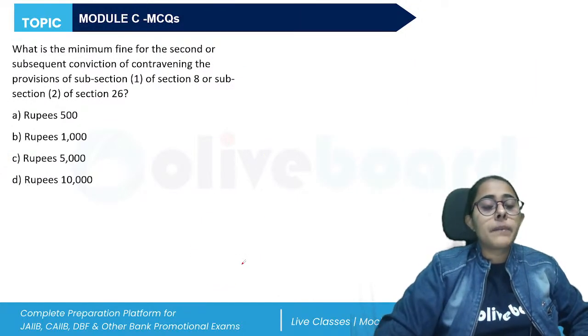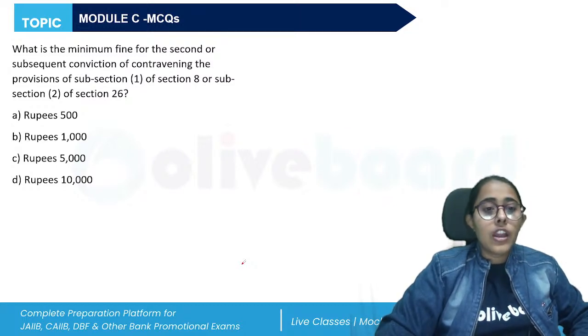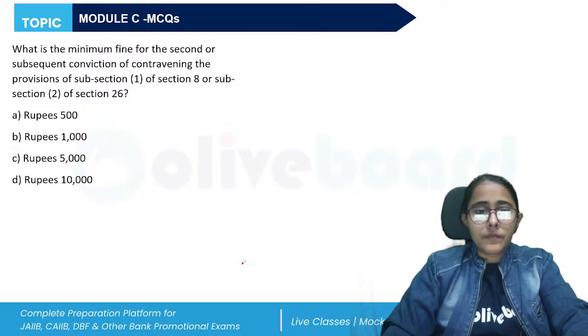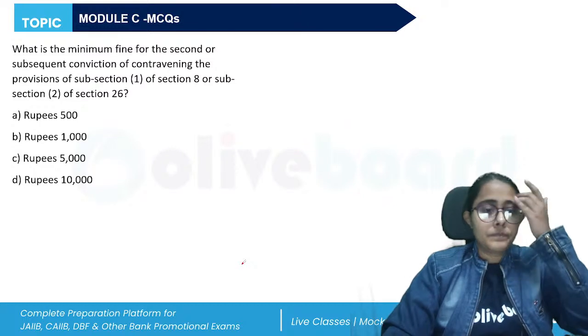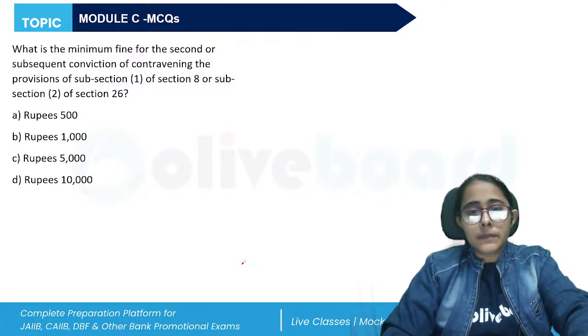Next, what is the minimum fine for the second or subsequent conviction of contravening the provisions of subsection 1 of section 8 or subsection 2 of section 26? So if any buyer who is required to get the annual accounts but fails to furnish the information, then how does it work?